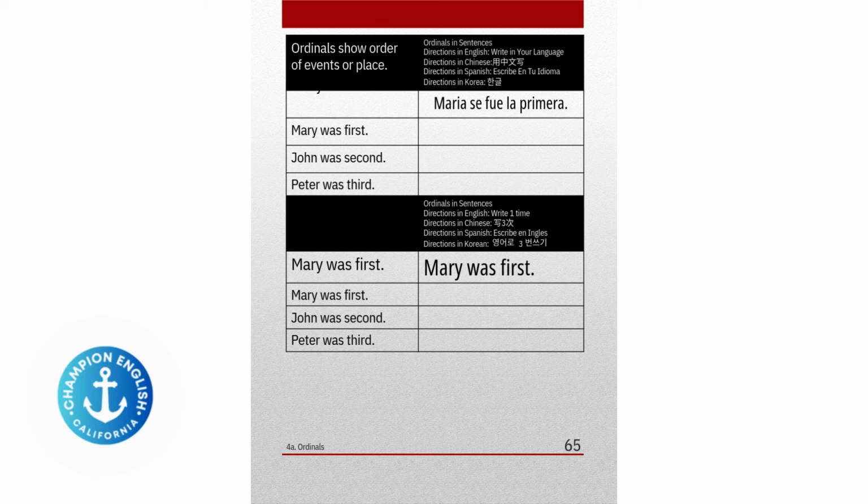John was second. Peter was third. So if you speak Spanish or Russian or Sinhalese or Sanskrit or whatever language you speak, first translate those English words into your first language, whatever language you speak. Ready and go.